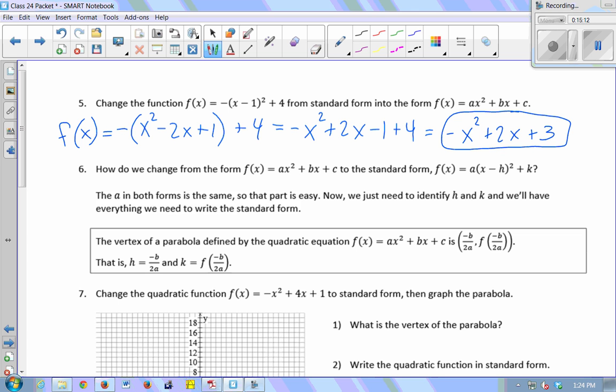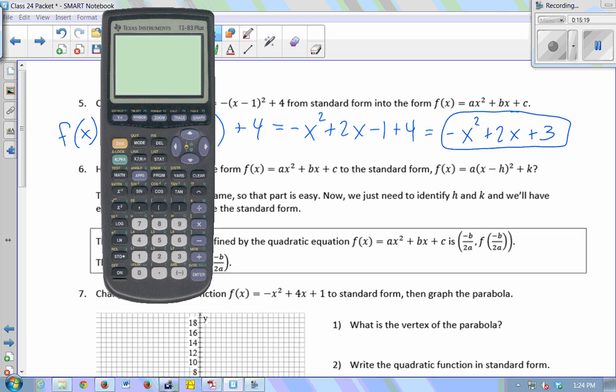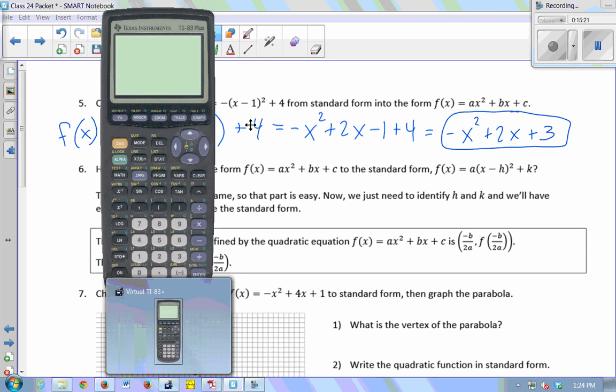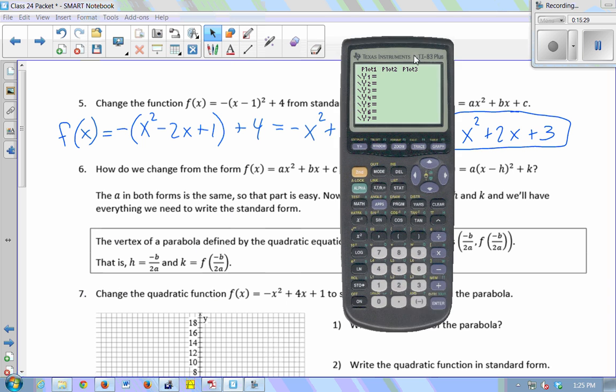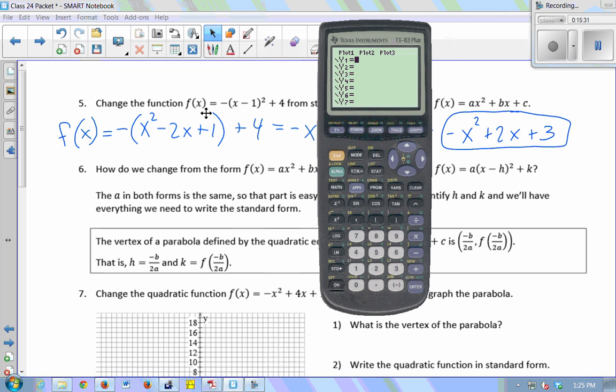written a different way. So let me prove that to you by graphing them both and showing you that they have the same graph. So I go to y equals. Okay, in y1, I'm going to put the original standard form, this negative 1 times x minus 1 squared plus 4.